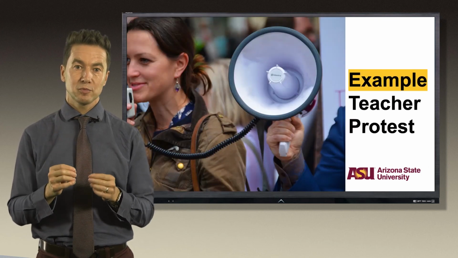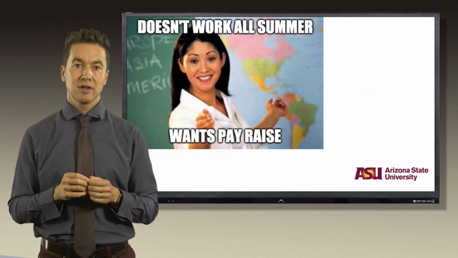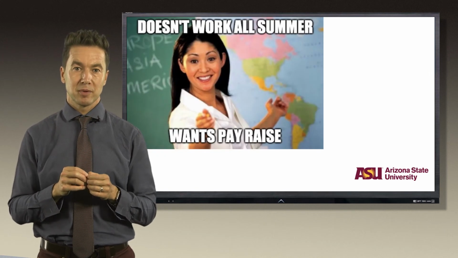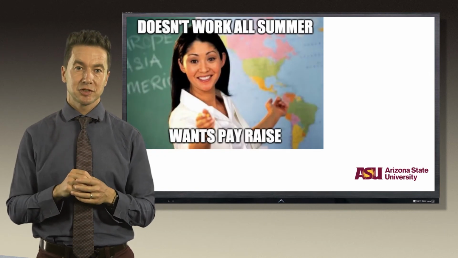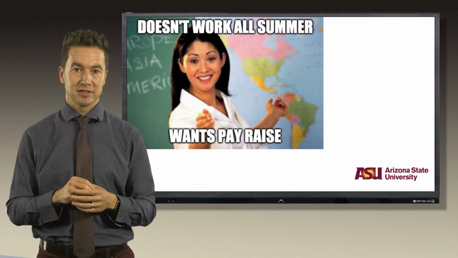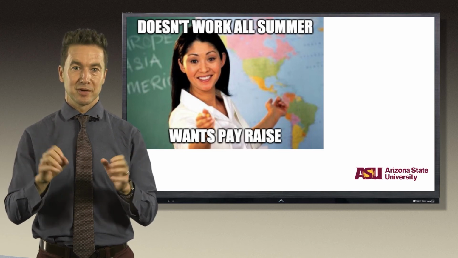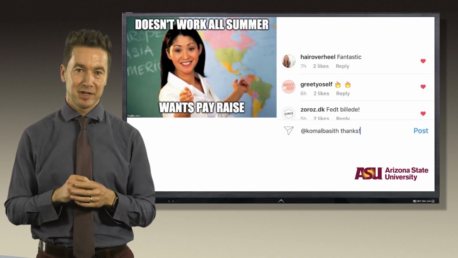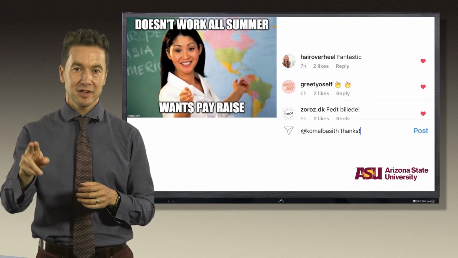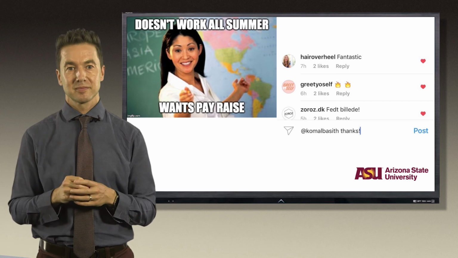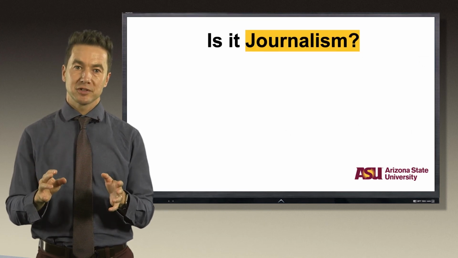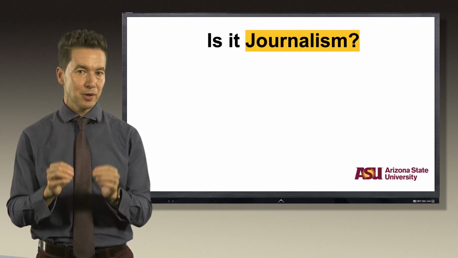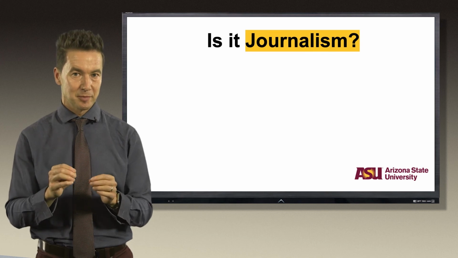To use an example from the teacher protest story, a social media user posts a popular meme of a teacher in front of a board that reads, "Doesn't work all summer, wants pay raise." Other users see the meme and start a threaded discussion about the meme. Many media experts argue that these type of posts are not journalism.